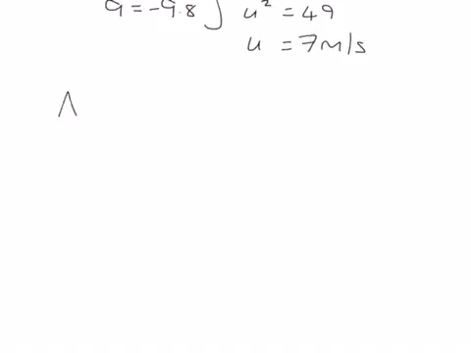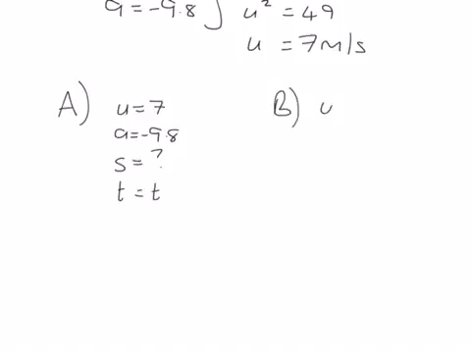So if we look at A first, we now know that its initial velocity is 7, its acceleration is minus 9.8, the displacement is what we're going to find an expression for, and the time we're just going to call t. Then for B, its initial velocity is 5. Again, its acceleration is going to be minus 9.8.